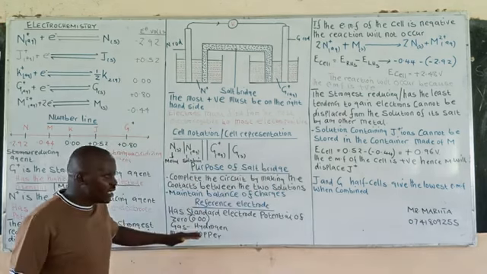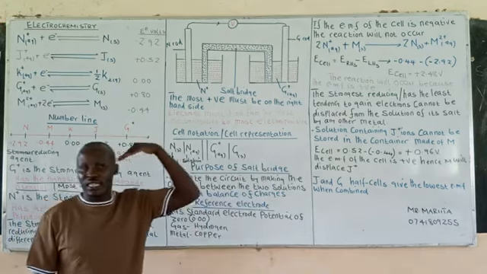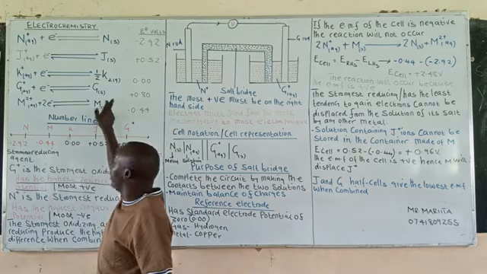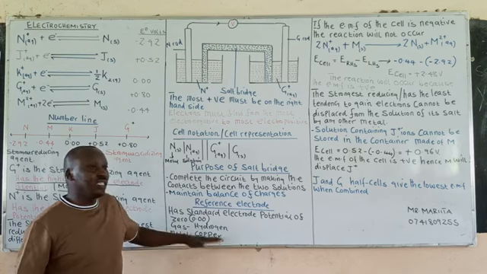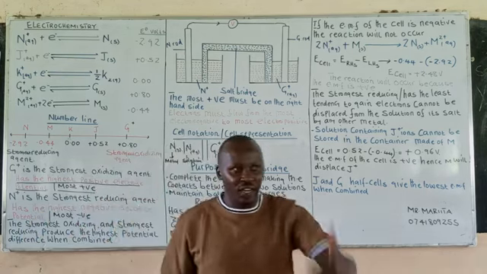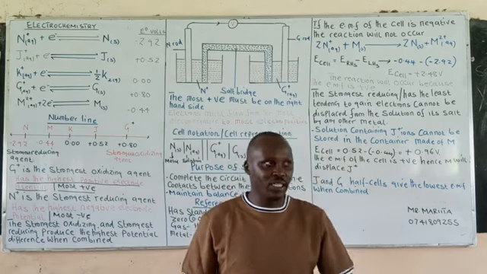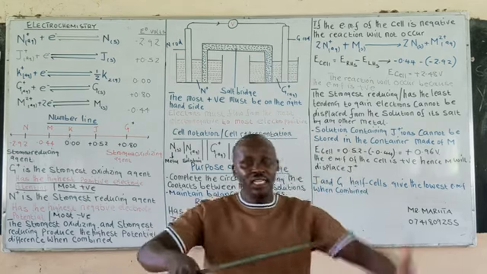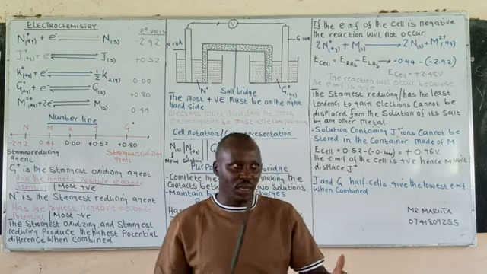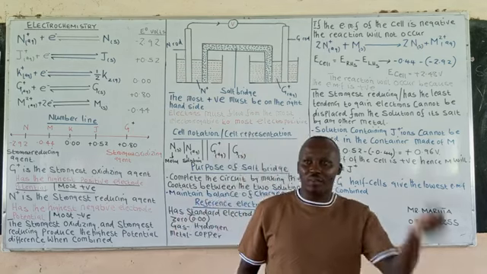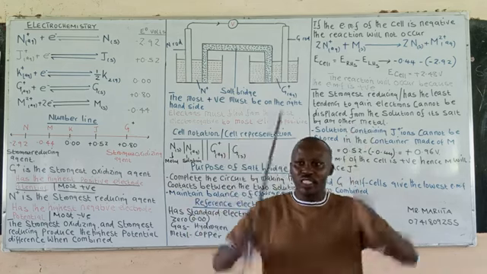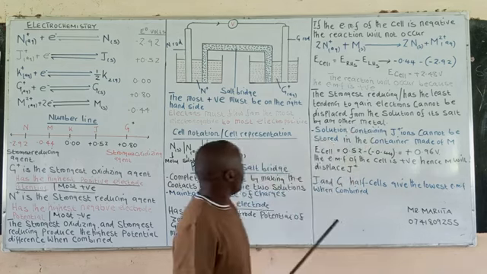It is hydrogen when it is a gas, and if it is indicated in a solid state, it must be copper. That is how you can identify the reference elements: hydrogen if it is a gas, copper if it is a metal, and it must have a standard potential of 0.00.